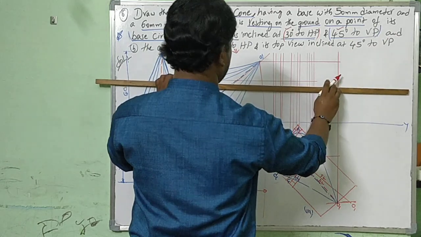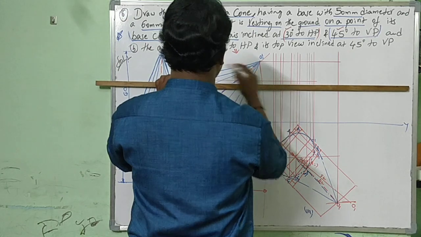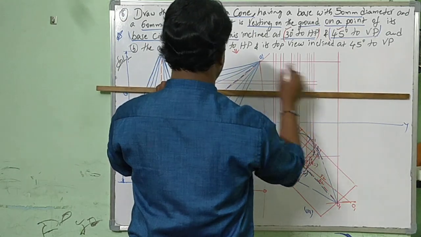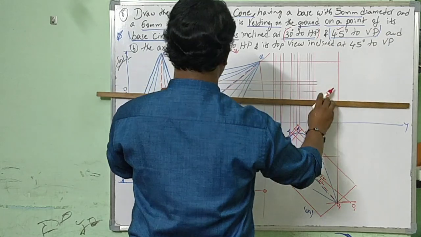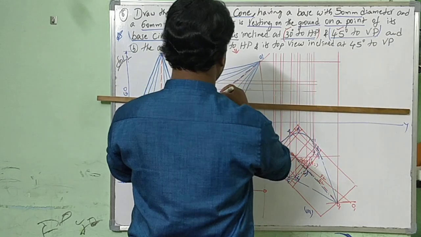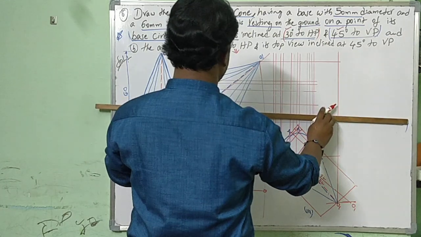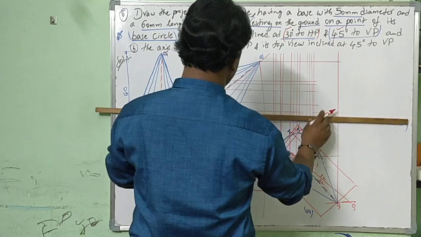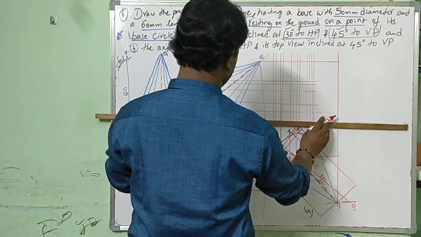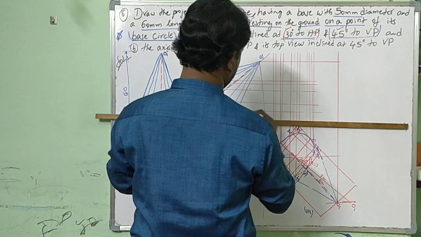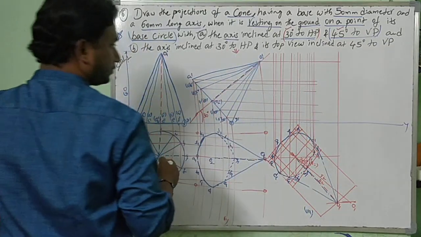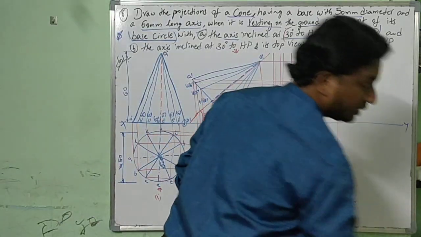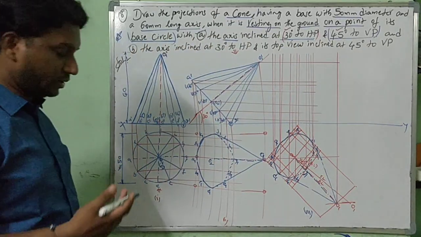A dash, B dash, C dash, D dash, E dash. I have drawn just the intersection of the mesh. This is all regular practice you can do.